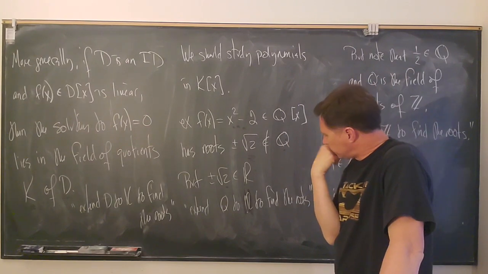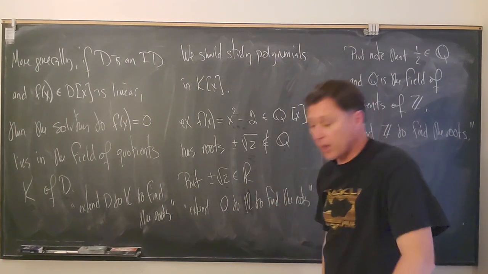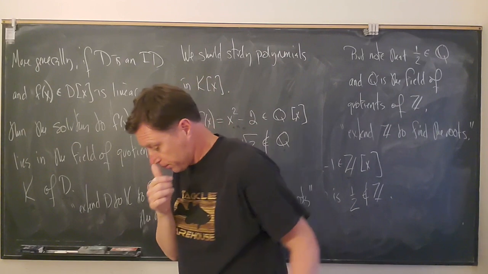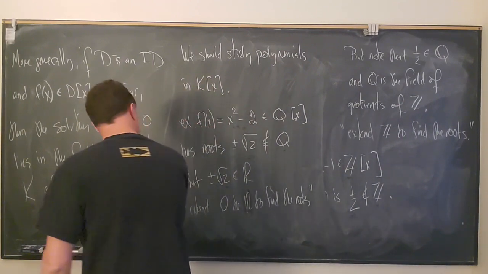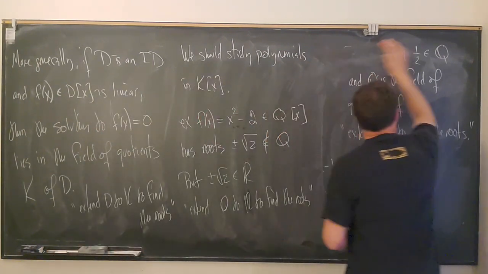But R is really big compared to Q. Q is countable, but R is uncountable.